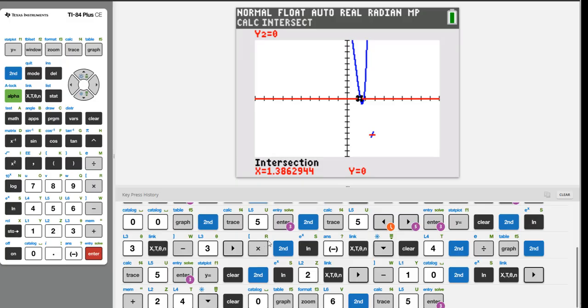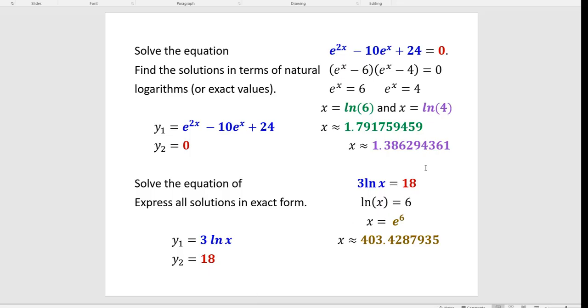This takes you to the intersection point on the left. Notice the intersection x equal to 1.38629444 at the bottom of the screen. Comparing to our previous answers, this is the natural log of 4. We have confirmed our first answer.